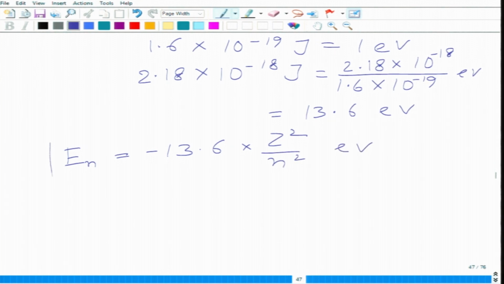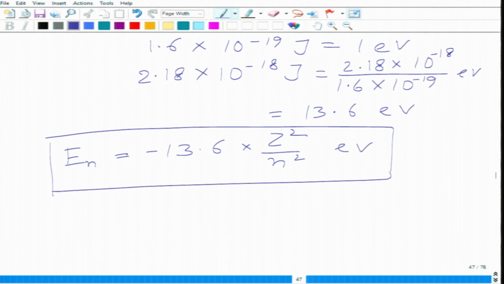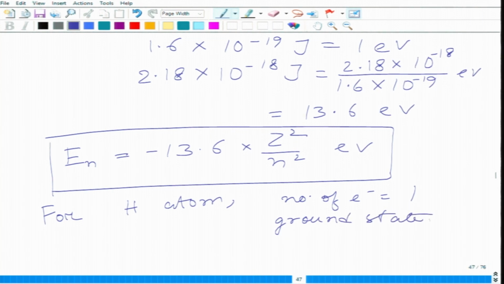electron volt. This is a very important formula because for hydrogen atom, we know that hydrogen atom has 1 electron. So, for the ground state, it will be n equal to 1, right.